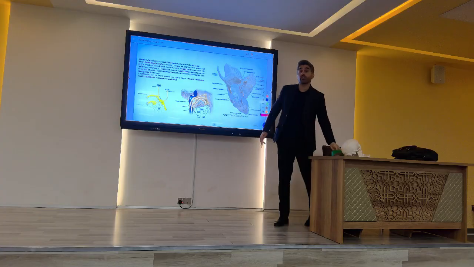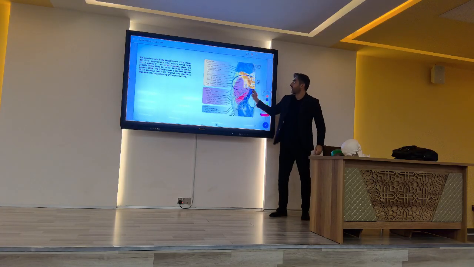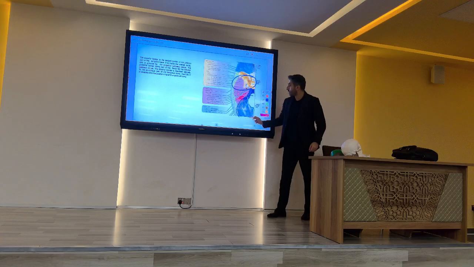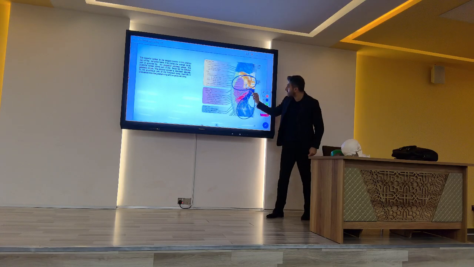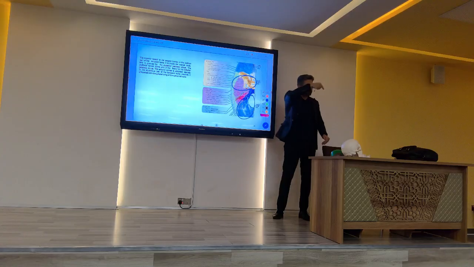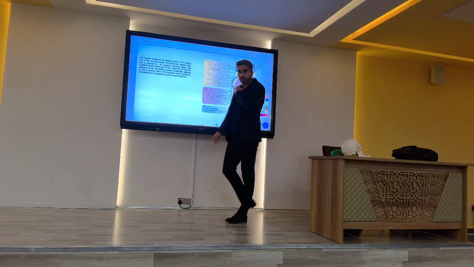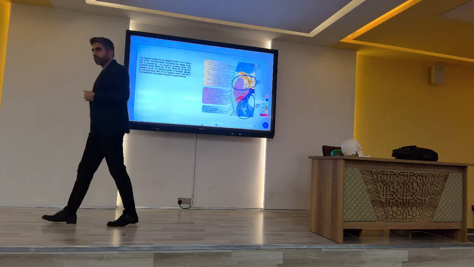I told you in the cranial fossa, between middle cranial fossa and posterior cranial fossa, the border is here, superior border of the petrous. Superior border of the petrous divides the middle cranial fossa from posterior cranial fossa.